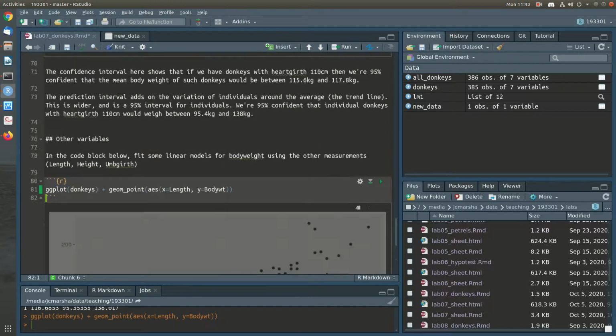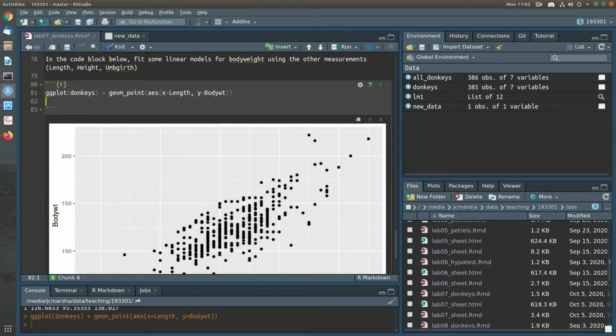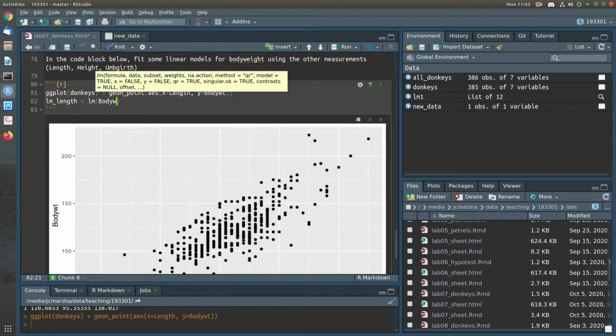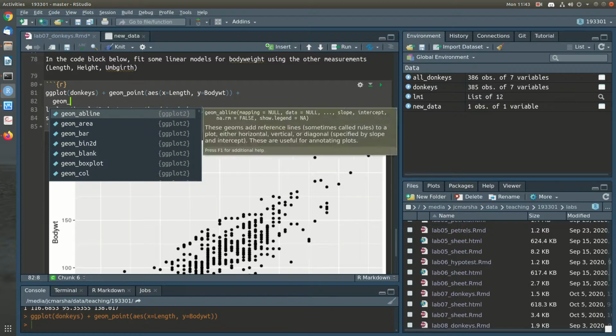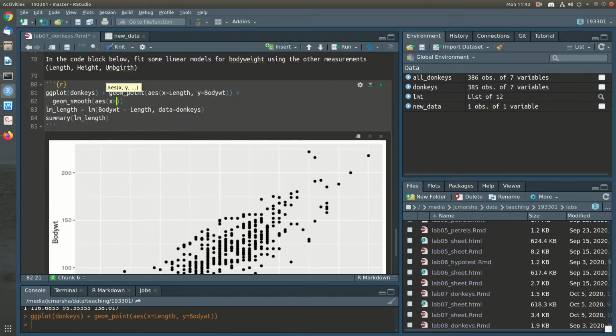Right. So there's that. And then we're going to do a linear model. So we'll call it LM length. Body weight in terms of length. We'll do a summary of that. Okay. And maybe just for fun, we'll put the line on the plot as well.